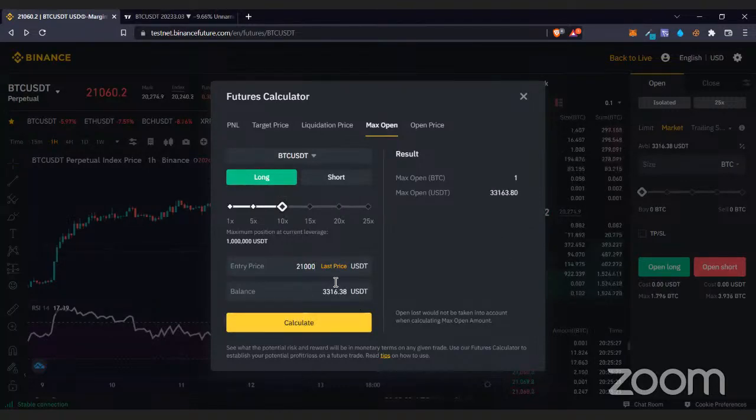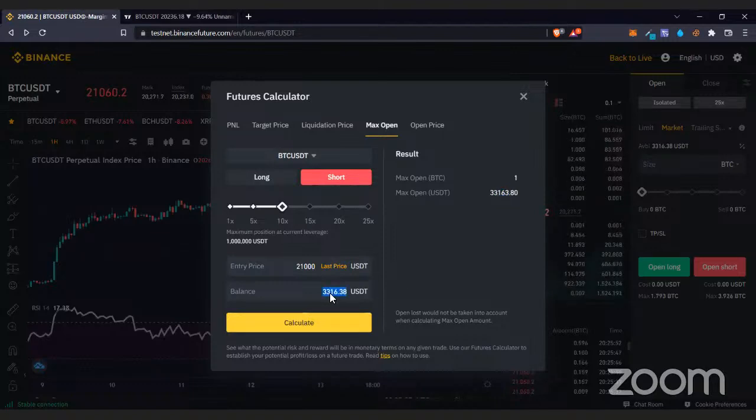It means that with this $3,000, the maximum I can open is 1 BTC. I cannot trade more than 1 BTC at a go. If I come to the short position, it's the same thing, the maximum I can open is 1 BTC with my initial balance of $3,000.